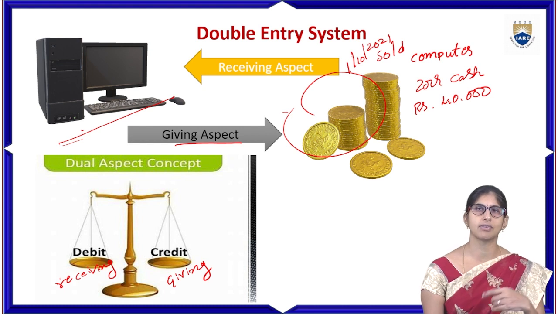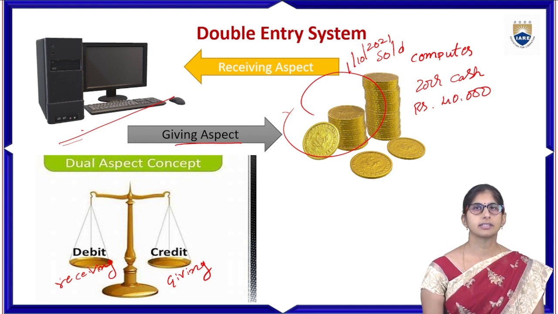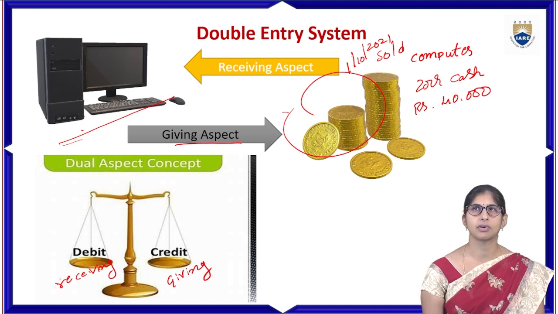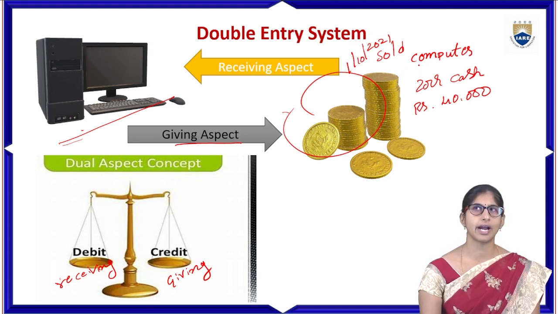For example, we have a computer center, and we sell computers. We have a shop. What are the two aspects we can see in this transaction? We shall identify now. First of all, we have to identify these items: computer, cash. Why? Because we are giving computer and getting cash. So these are the two important items.